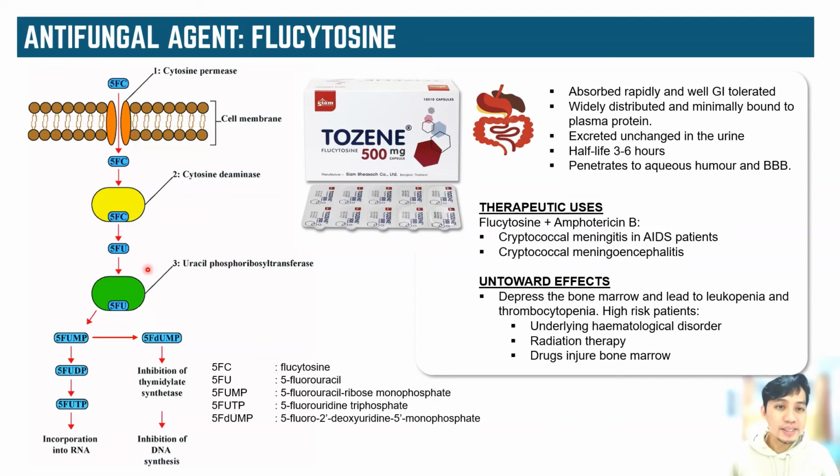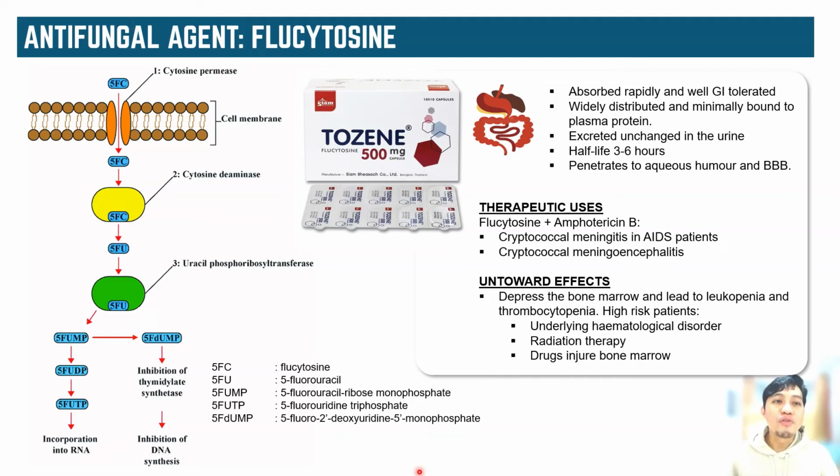Fluorouracil is metabolized first by uracil phosphoribosyl transferase to 5-FUMP. This 5-FUMP is either incorporated into RNA or metabolized to 5-FdUMP.